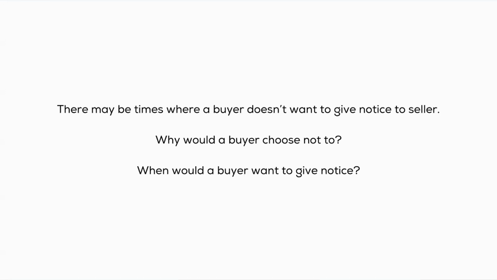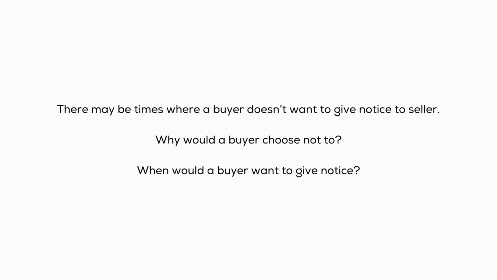A buyer may want to give notice if there is a big gap in this price versus appraised value, and it's unrealistic to come to the table with that much money. Reappraisals and reconsiderations of value have been successful. So it is possible that both buyer and seller could benefit by choosing one of those options.